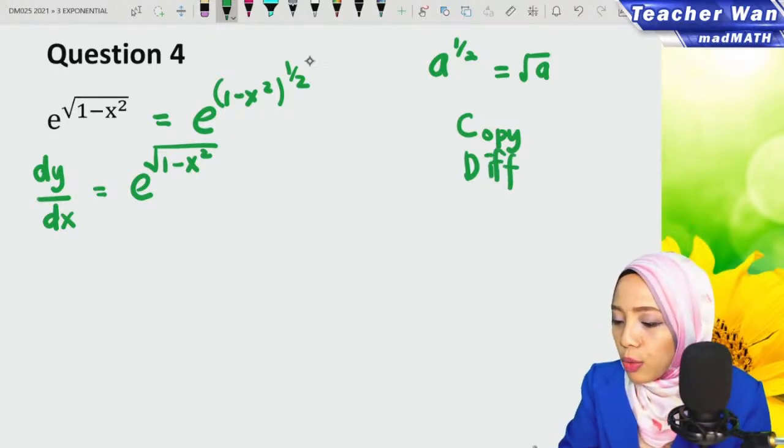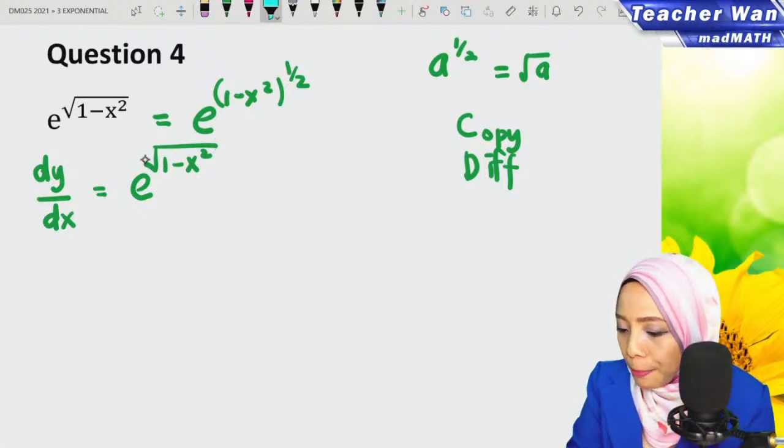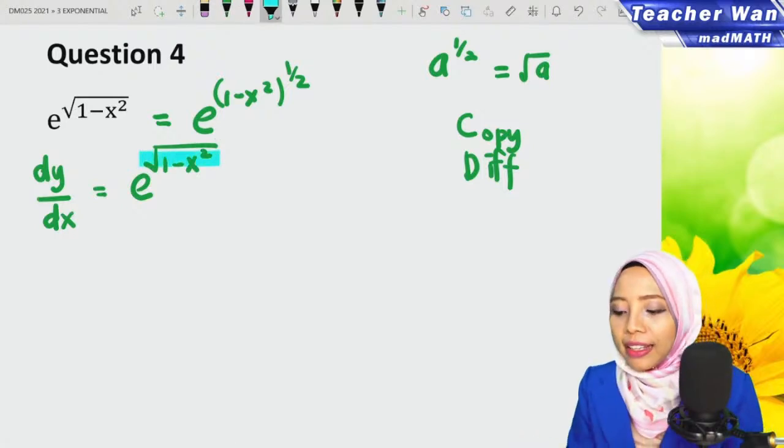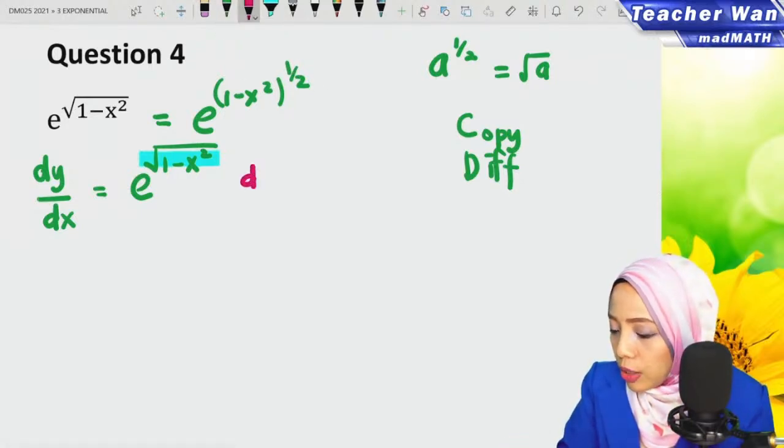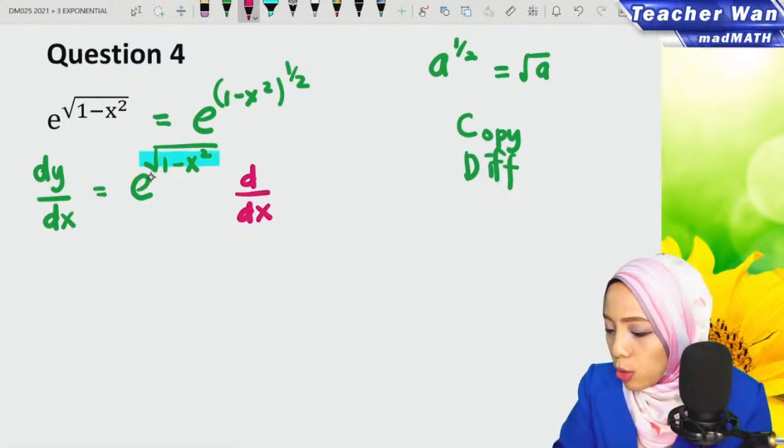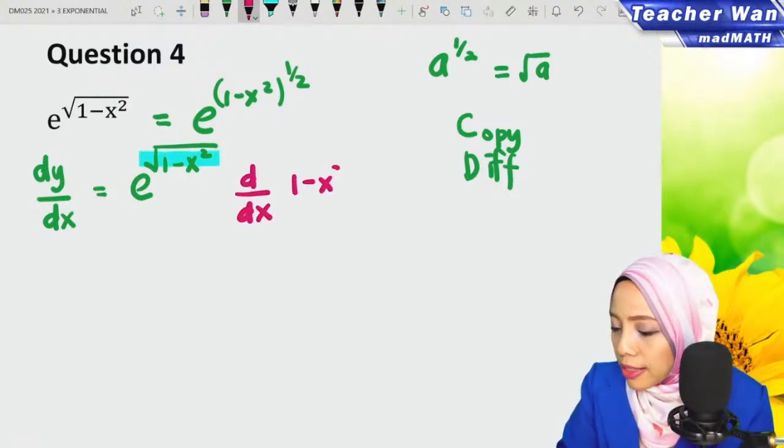So now we are going to differentiate this. That's why tadi madam buat 1/2 ni nampaklah sikit. Or easier, you write down d over dx of 1 minus x square.